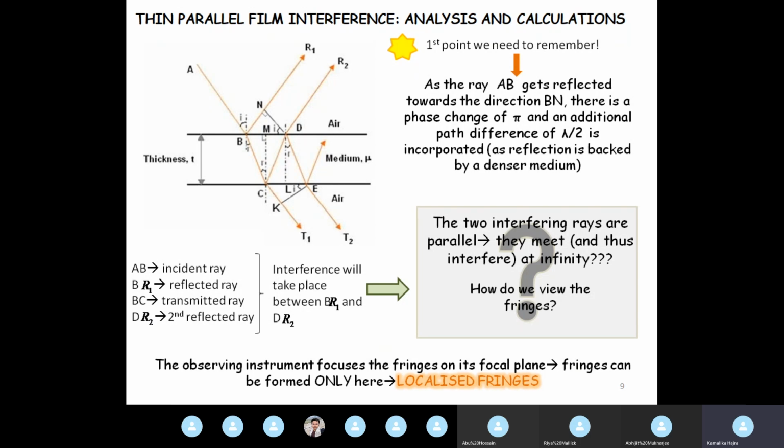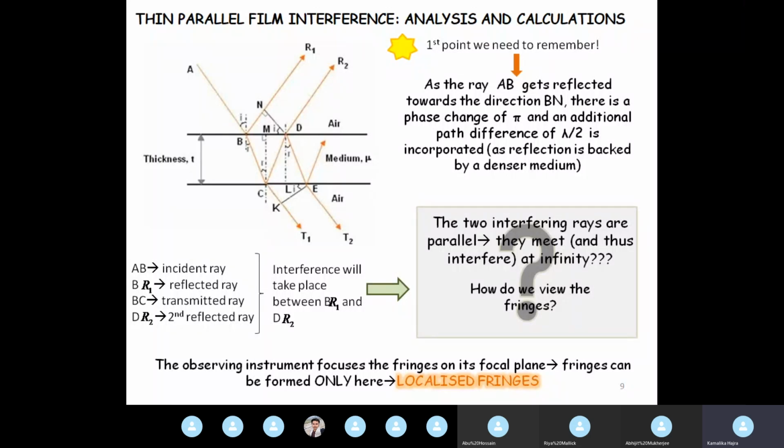Anywhere else, you cannot see the fringes. They are formed only on the focal plane of the observing instrument. So this is very, very important. These fringes are localized fringes. Fringes formed due to thin parallel film interference are localized fringes.